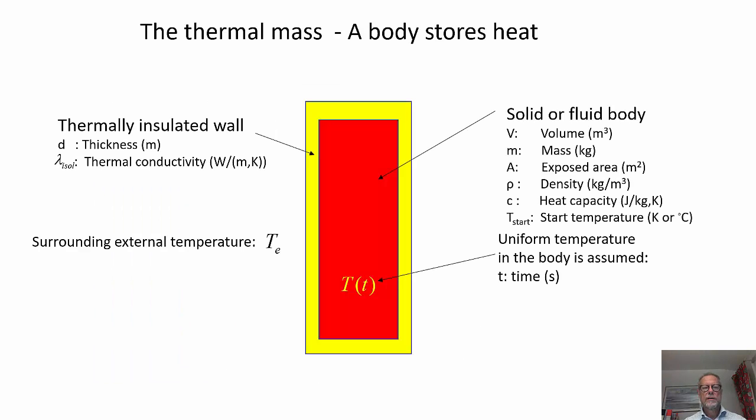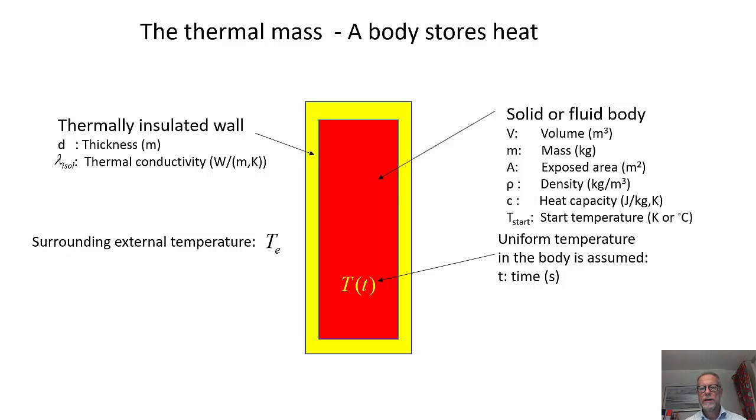This picture shows the problem we are looking at. It's a body that stores heat and it's thermally insulated from the surroundings. The red area symbolizes the solid or fluid body, which has a volume V, a mass M, an exposed area A, density rho, heat capacity C, and a starting temperature.